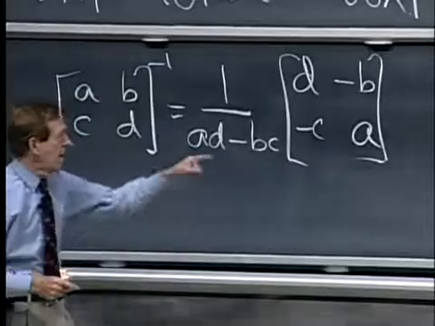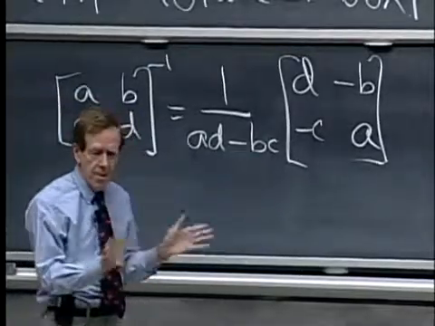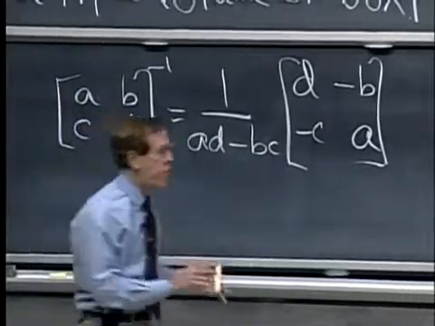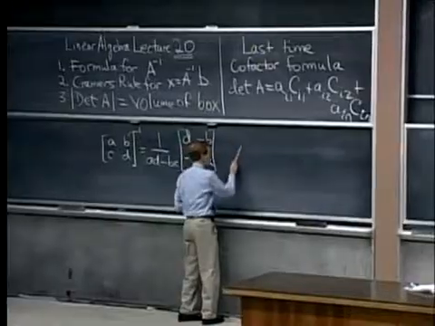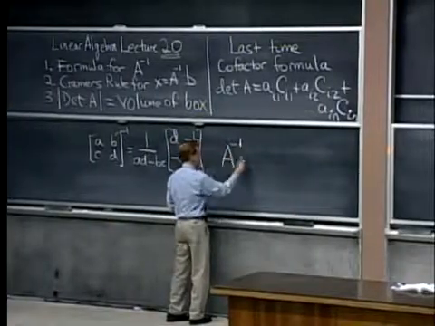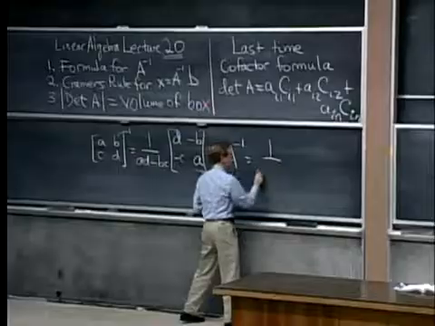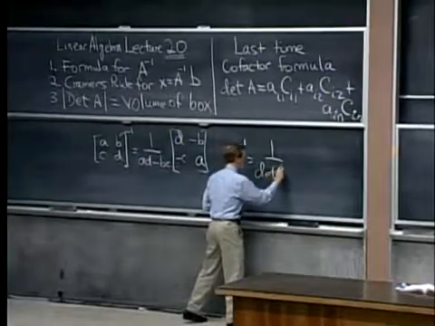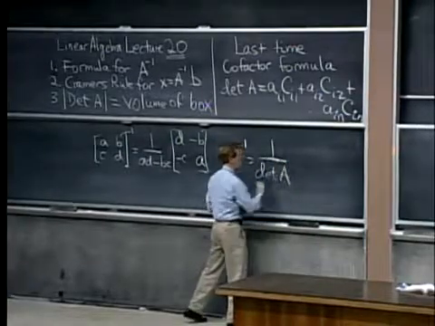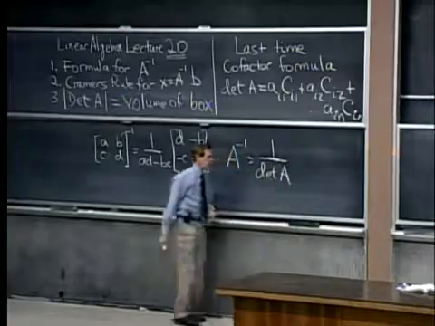Okay, I'll write down next what my formula is. Here's the big formula for A inverse. It's 1 over the determinant of A, and then some matrix.